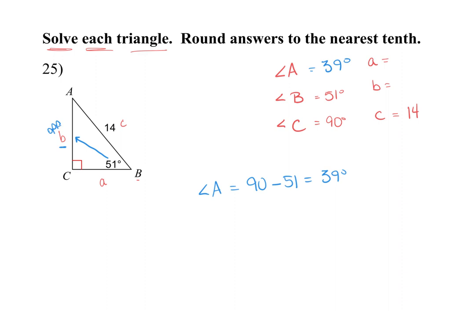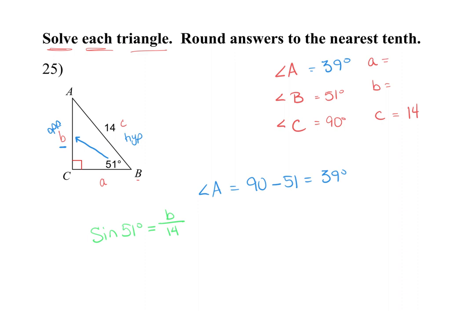Which means I have opposite and hypotenuse. Which of my three trig functions deals with opposite and hypotenuse? Sine. So that means the sine of 51 degrees should equal my side B over my hypotenuse, which is 14.